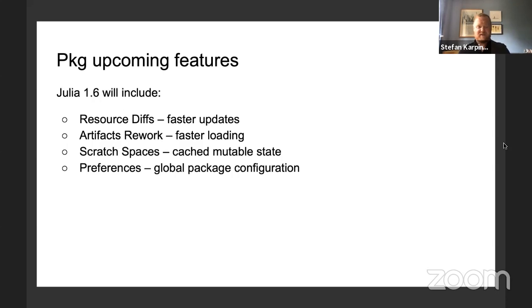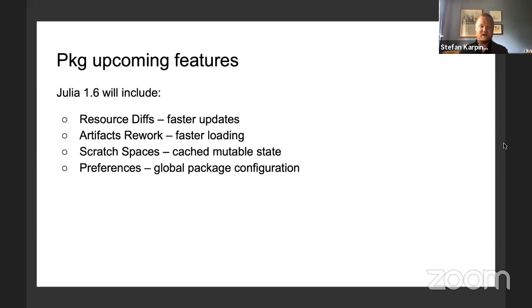Currently, binary artifacts have a slight problem with load time. Basically, we end up loading them all right up front, which takes a while and isn't necessary all the time. So he's reworking the way binary artifacts get loaded so that your Julia packages will load faster, which nobody's going to argue with, obviously. Scratch spaces and preferences are two features designed around avoiding having to mutate the state of the package itself.